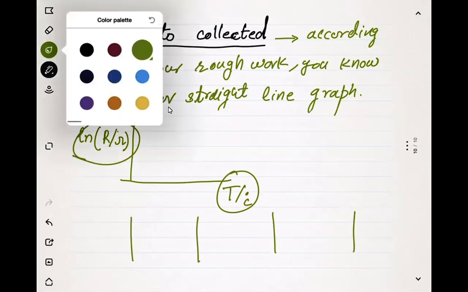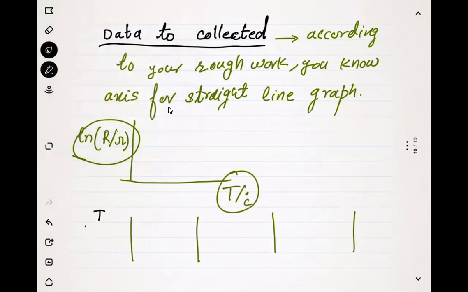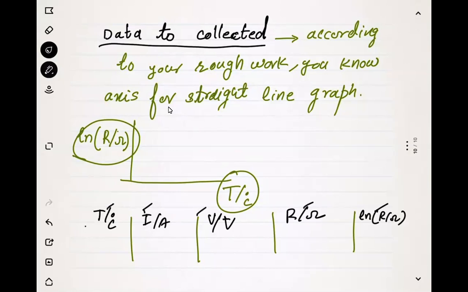You'll say at temperature this much degree Celsius, you are reading the temperature directly. For resistance, you can go through current, voltage, and then you may have resistance in ohms, and then you must have natural log of resistance in ohms. So this is the data table in which you have mentioned the data to be collected.